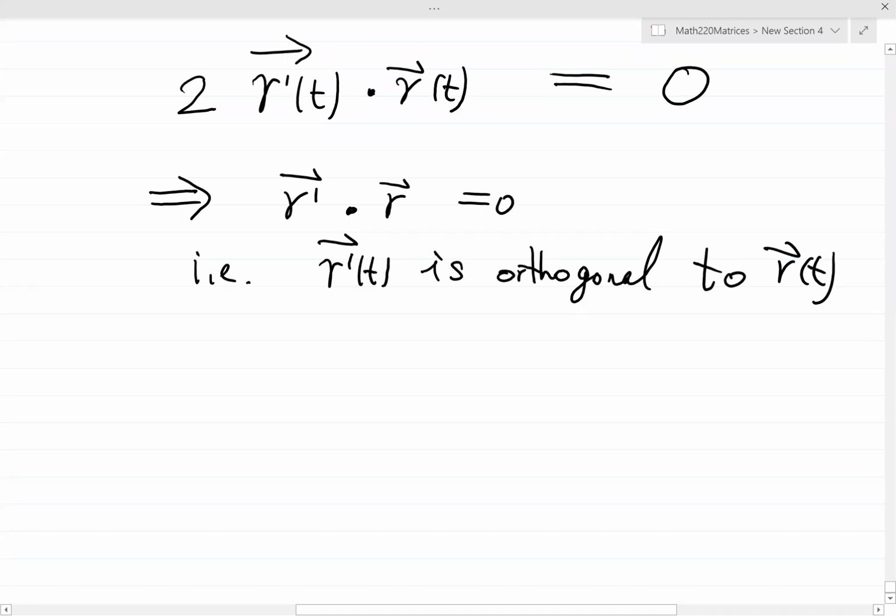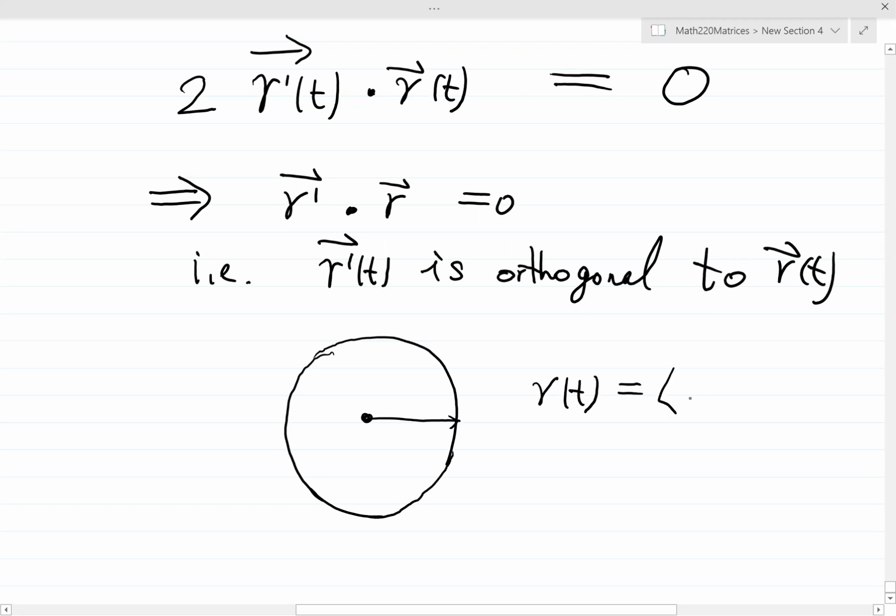So for instance, let's just take the two-dimensional case. Let's do a circle, the unit circle. Let's do it for x is cosine t, y is sine t. So the norm of r is 1, a unit vector.